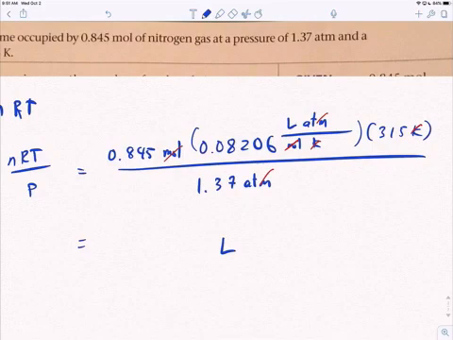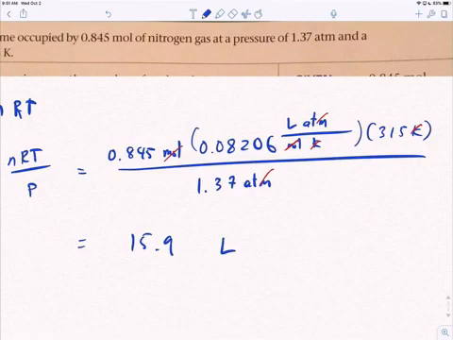Okay. So 0.845 times 0.08206 times 315 divided by 1.37 equals 15.9 liters. 15.9 liters.